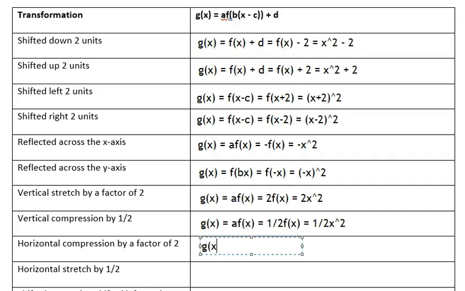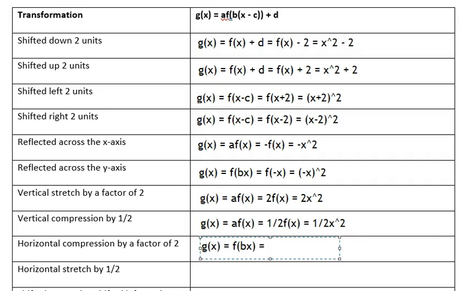So we'd have g of x, the transformed function, equal to: there's no vertical scaling, so we don't keep a; there's a horizontal scaling, so we keep b; there's no horizontal shift, so we just say x; no vertical shift. So here's what the function is going to look like for the transformation if there's just a horizontal scaling.